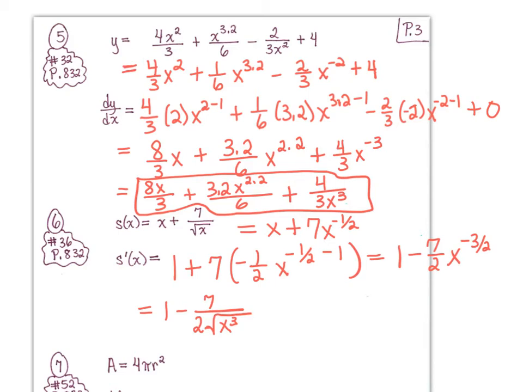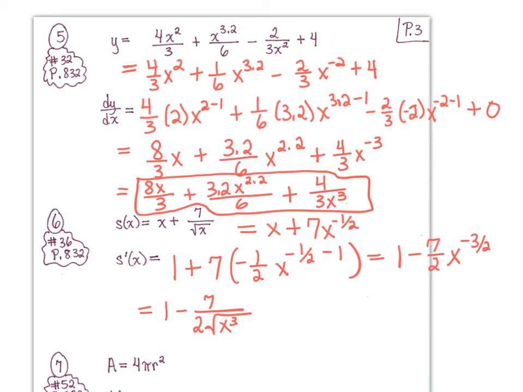And then because you have x cubed underneath the square root, you could rewrite that as x squared times x. But the square root of x squared is what? What's the square root of x squared? X, right?